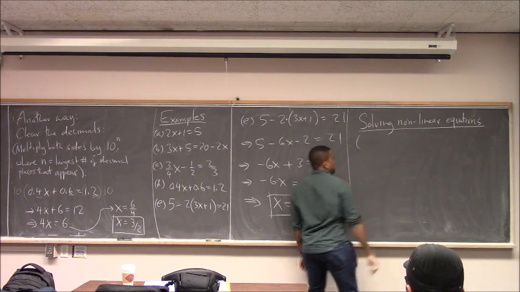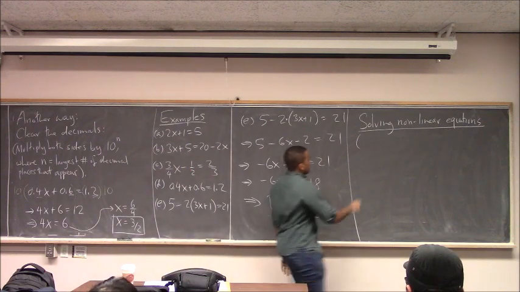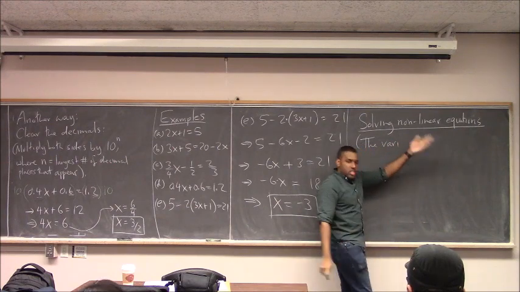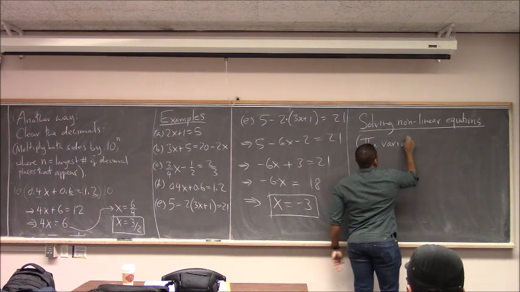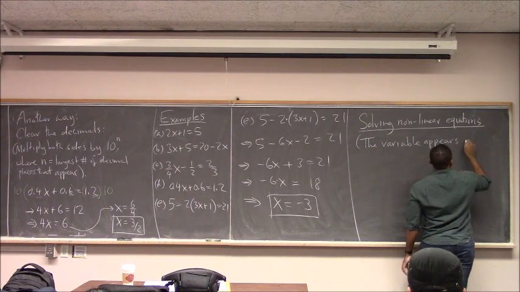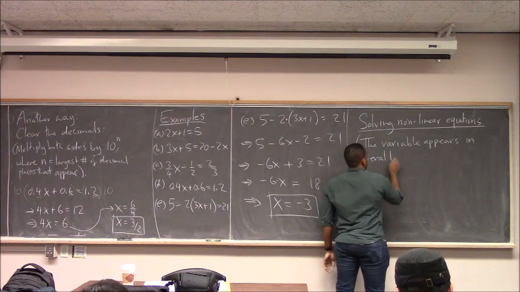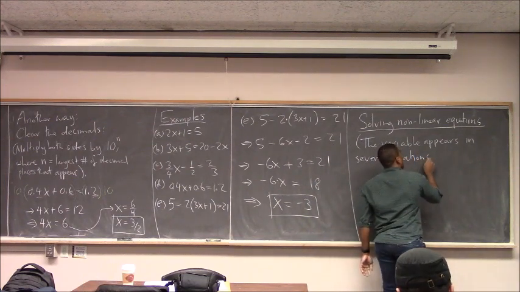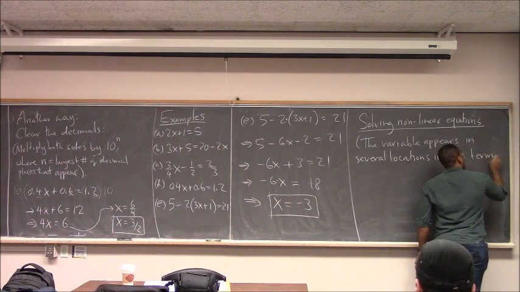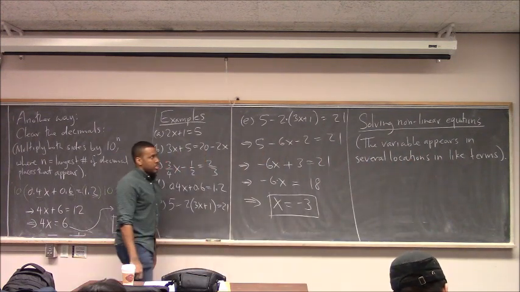Now, I'm going to split these into some special cases. You can have a nonlinear equation, and nonlinear just means it doesn't look like a linear equation. So sometimes it's not linear, but everywhere you see the variable, it's in a like term, meaning it's the variable to the same power.